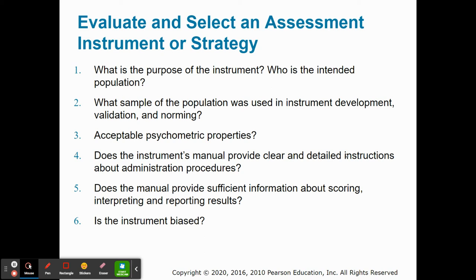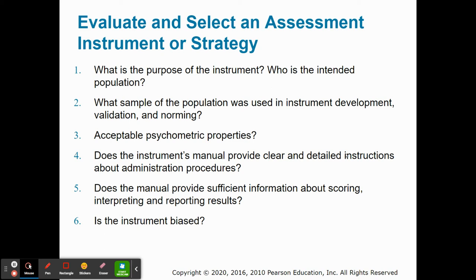We want to know, does the manual provide enough information that we have clear directions on how to score it, how to interpret it, and how to report the results? Sometimes, even if there are directions, if it's a very complex test like an IQ test or the MMPI, we still are going to need someone who has expertise in that instrument to help us whenever we first begin using it, scoring it, and interpreting it.